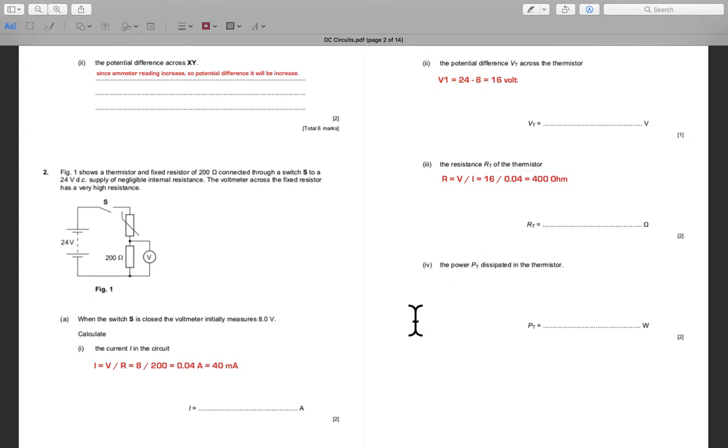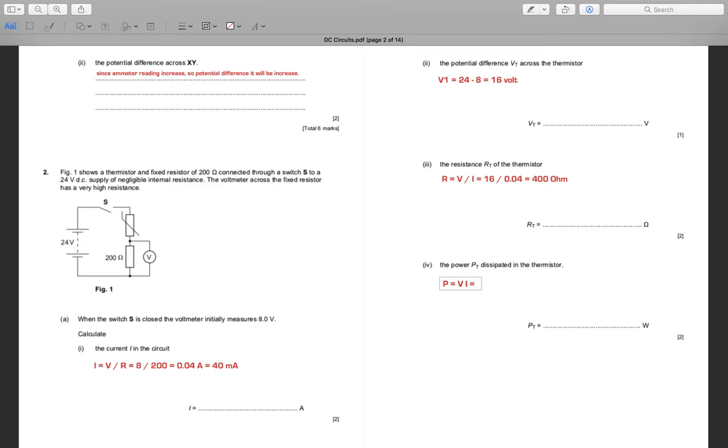Now the power dissipated in the thermistor. If you remember from grade 9, the power formula is P equals VI.